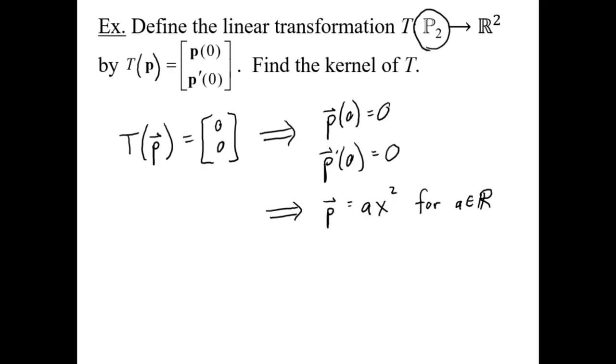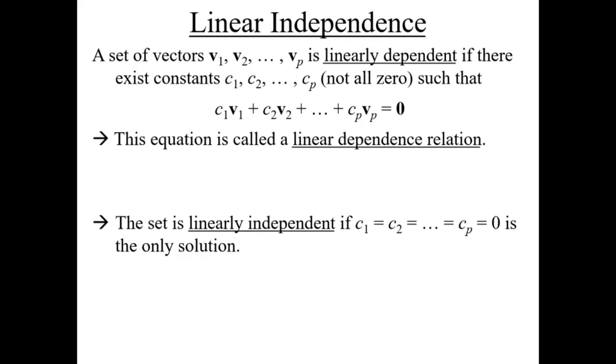All right, next up, let's talk about linear independence. A set of vectors v1, v2 up through vn is linearly independent if there exist constants c1, c2 up through cp that are not all 0, such that this combination is 0, and this equation is called the linear dependence relation.